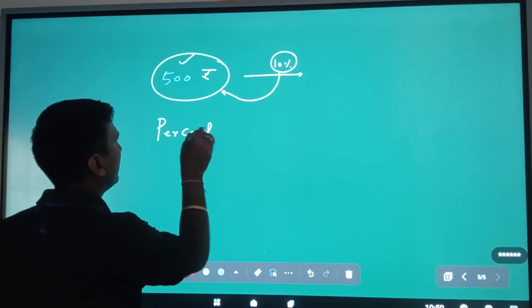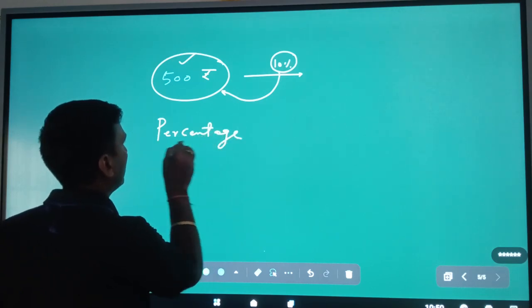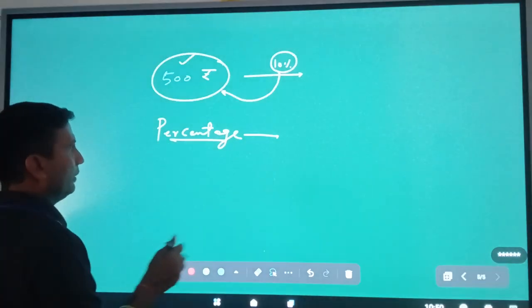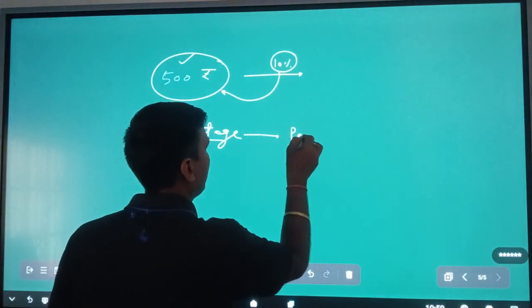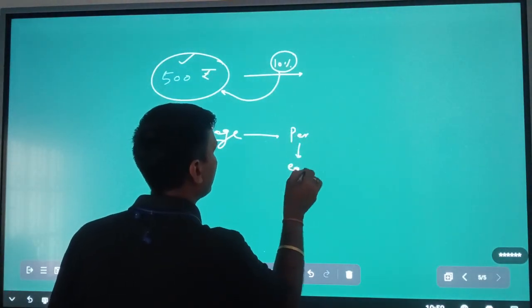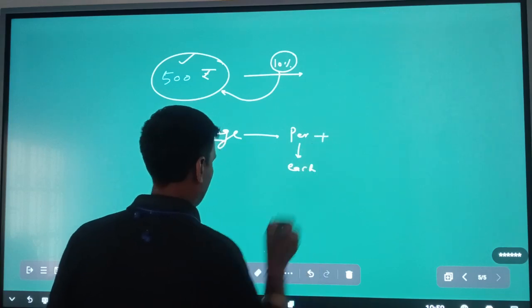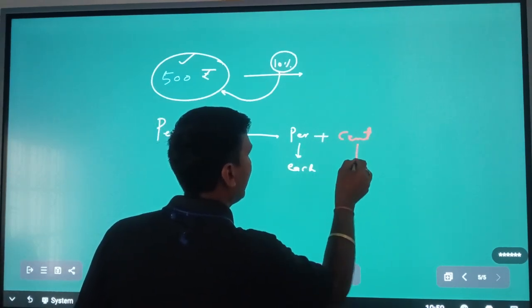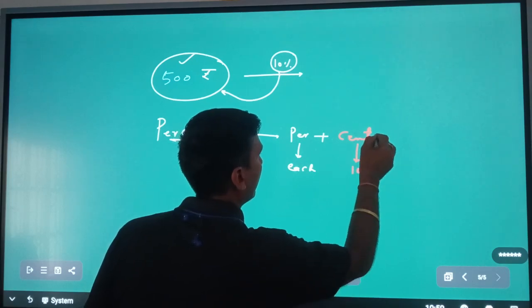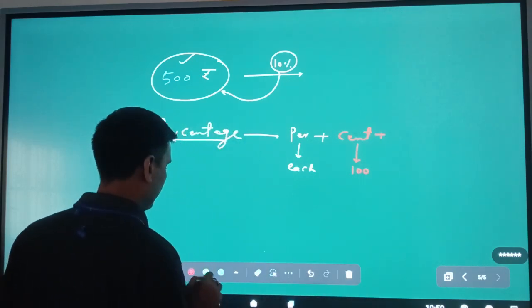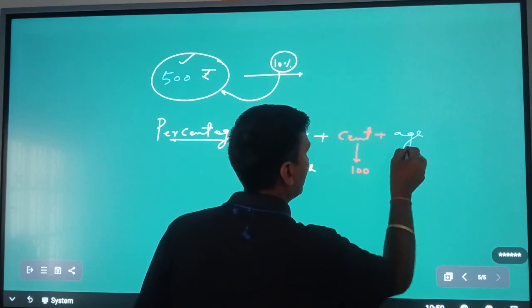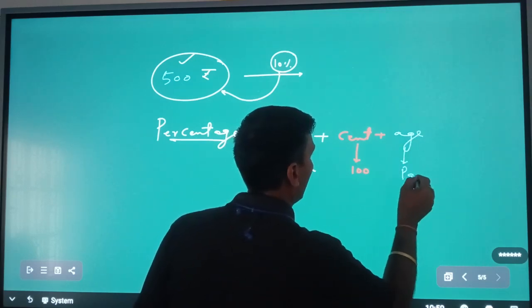If we take the breakdown of this word, per means each, plus cent, that means 100, plus age, that is what we say part.